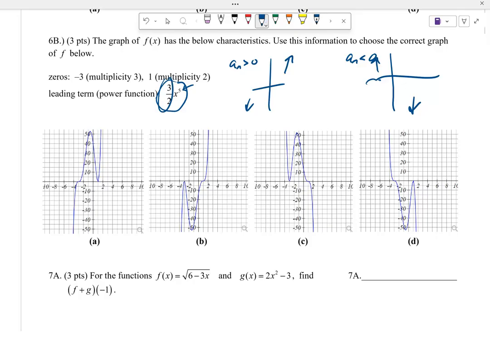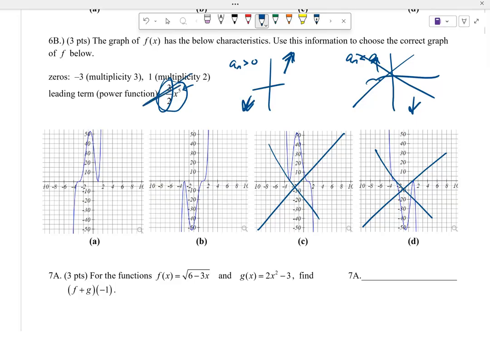Well, the leading coefficient is a positive 3/2, so it's got to go down to the left and up to the right. So A is okay, B is okay, C is out. That goes the wrong way. The end behavior is wrong, and so is D. So I know it's got to be either A or B.